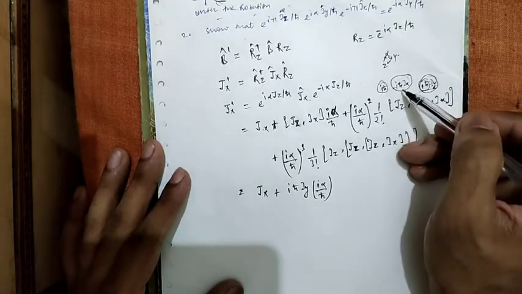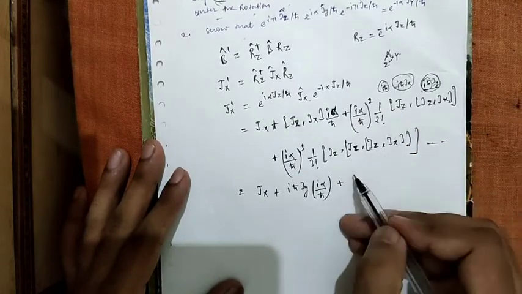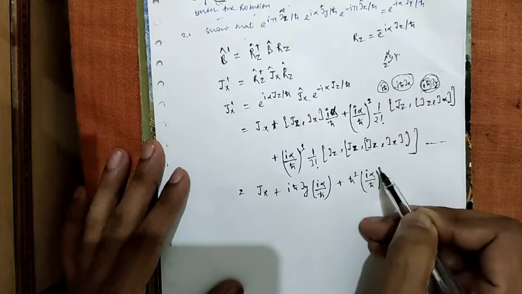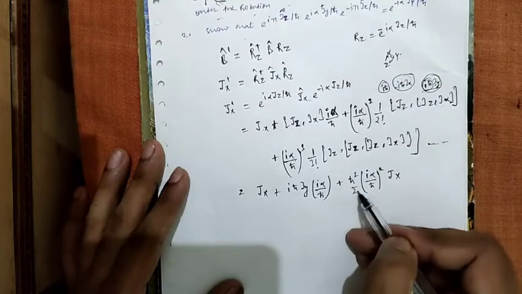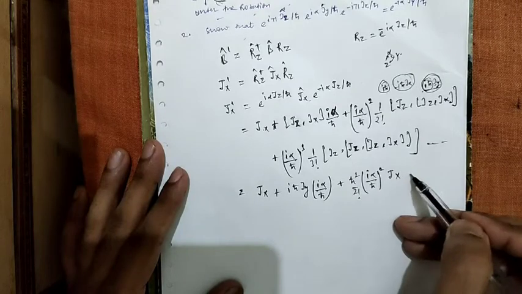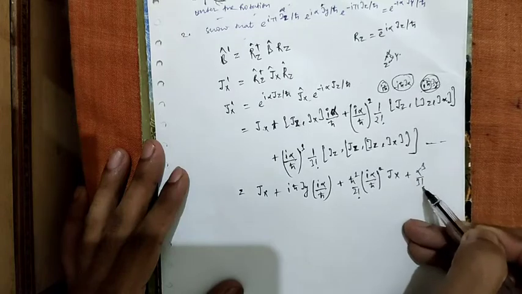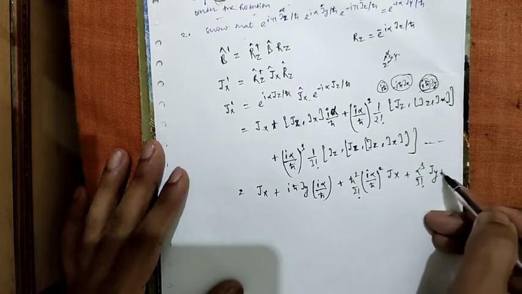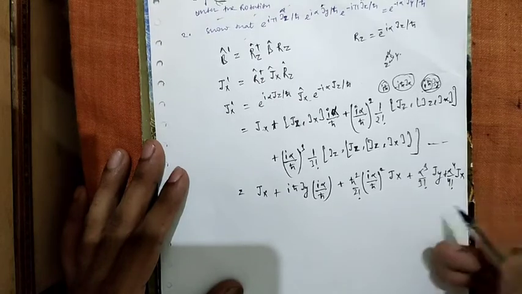So we get i h cut, plus i square h cut square and alpha by h cut square Jx, with 2 factorial here, and so on. We can also find the third element, which is plus alpha cube by 3 factorial Jy, and the fourth element will be alpha 4 by 4 factorial Jx.